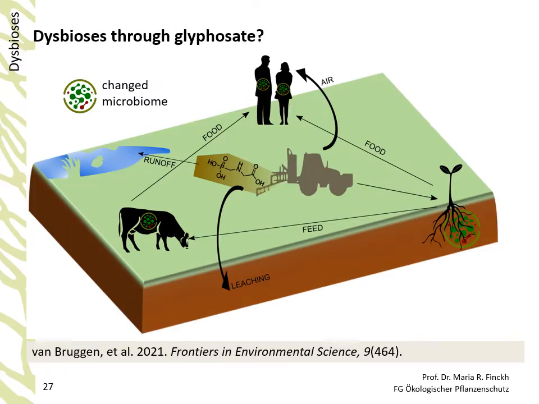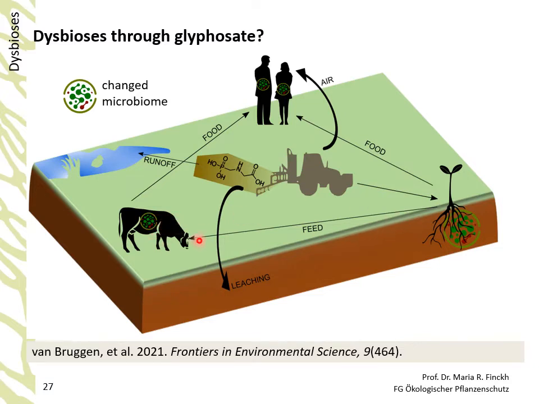So the question is, could it be that we get dysbiosis through glyphosate? This symbol here indicates changed microbiome. If you have a plant that is treated with glyphosate, the microbiome around the plant roots may be changed. The residues of the plant may get into the animals, and this may change the microbiome inside the stomach of the animals.